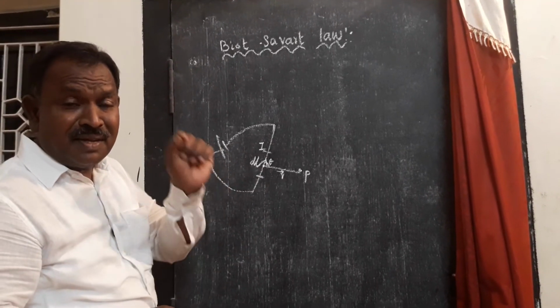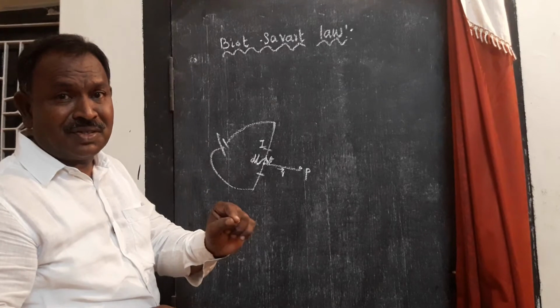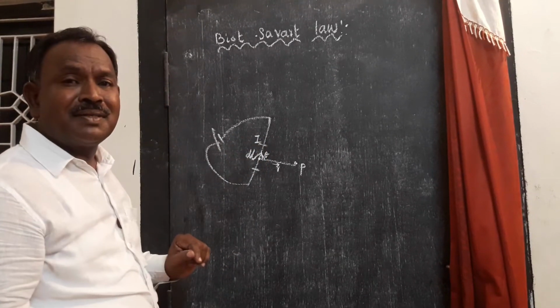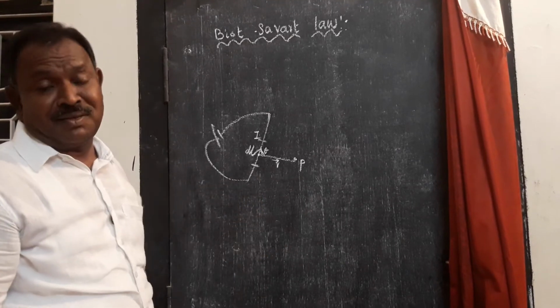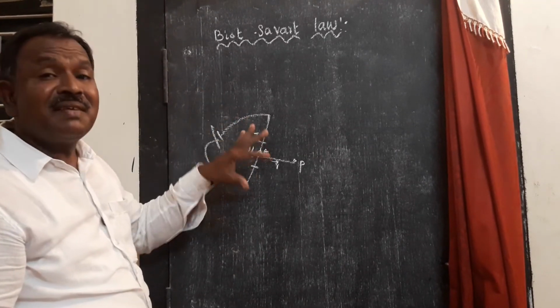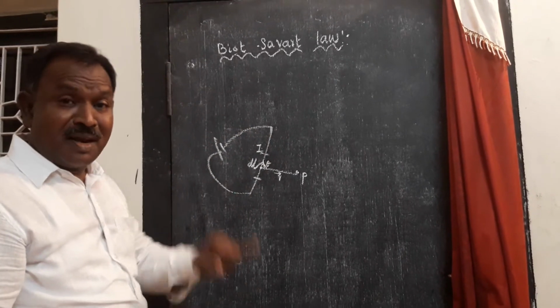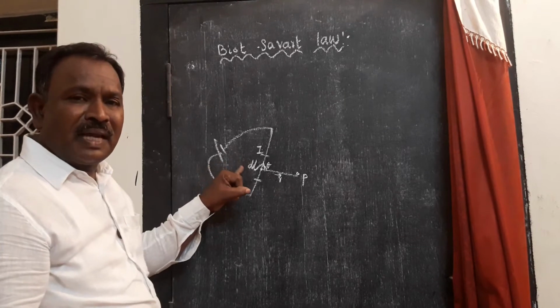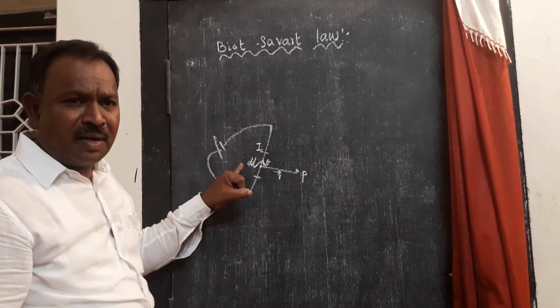Since we are taking the direction of the flow of current, the product of current and length of the element is called the current element, I dl. So I dl is a vector quantity. Current is a scalar. Electric current is always a scalar quantity.